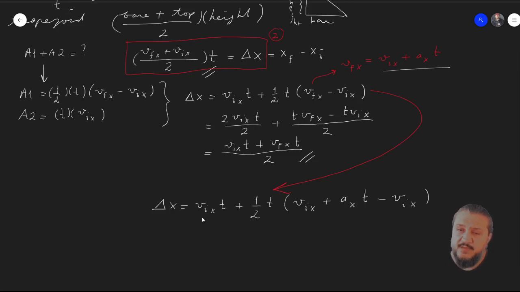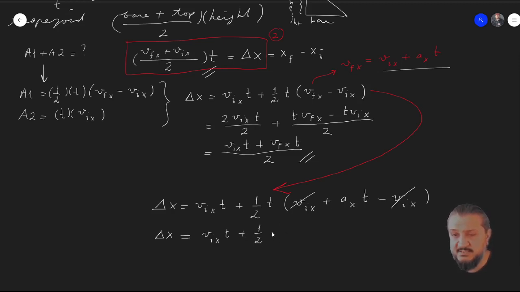Now, how do I do that? Okay, so I get rid of these, vix and vix, okay? So vixt plus 1/2.